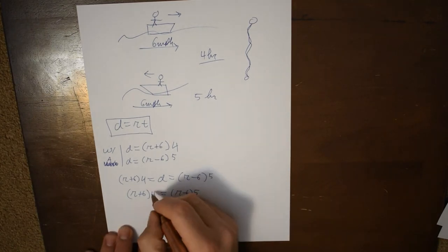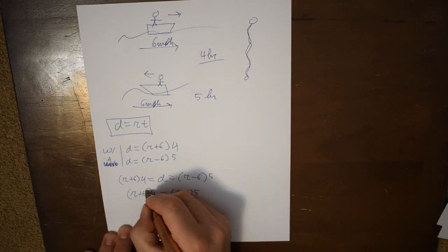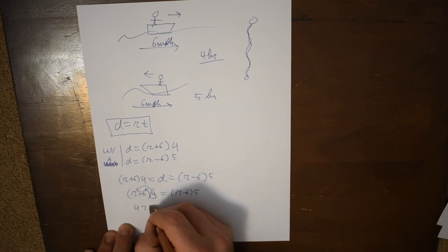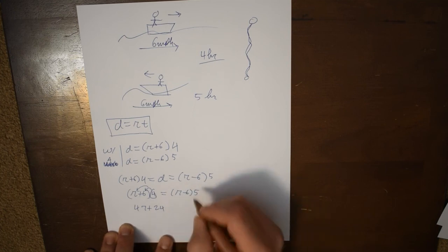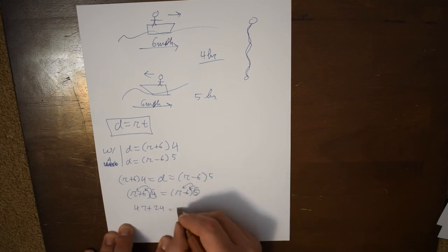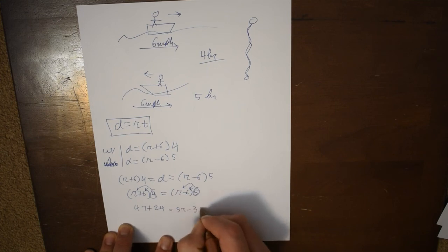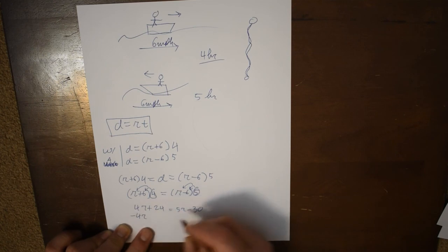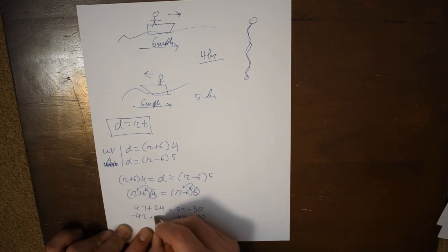Now we're going to distribute the 4 onto the r plus 6 to give us 4r plus 24, and then the 5 onto r minus 6 to get 5r minus 30. We want to get r by itself, so let's subtract 4r from both sides and add 30 to get 54 is equal to r.